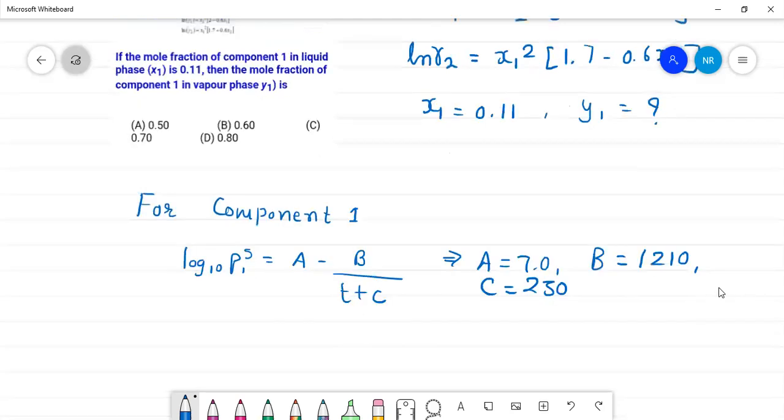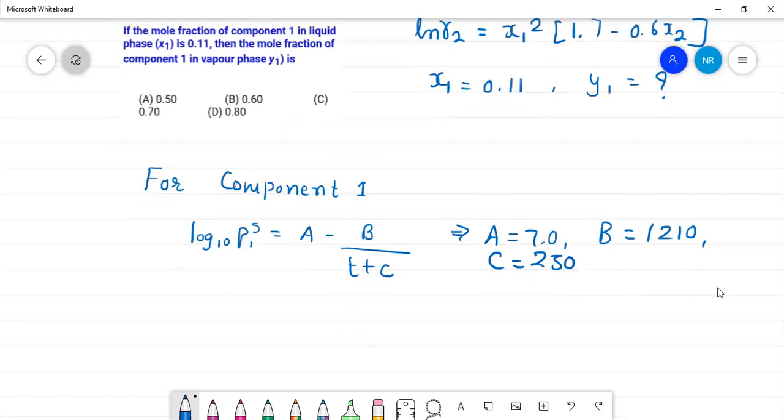If I do this, then log10 P1 saturation is equal to 7.0 minus 1210 divided by 230 plus the temperature.